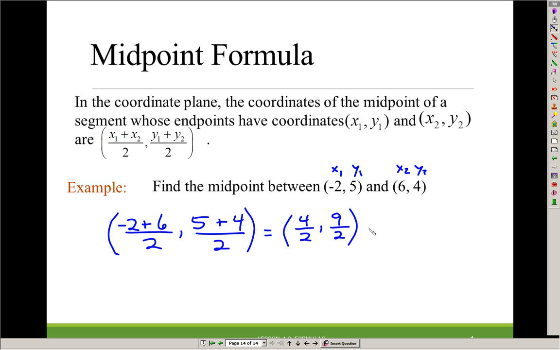And then simplify it. 4 halves is 2. And 9 halves, you can leave it as 9 halves or you can call it a 4.5. Either one is correct. Make sure, though, that all of your fractions are reduced and everything is in simplest form.